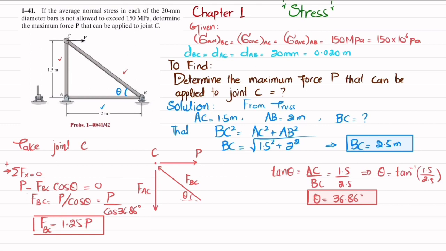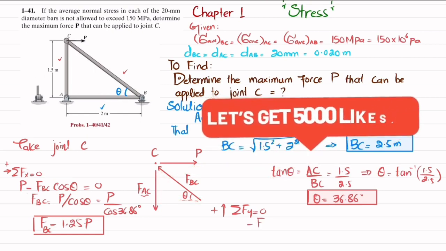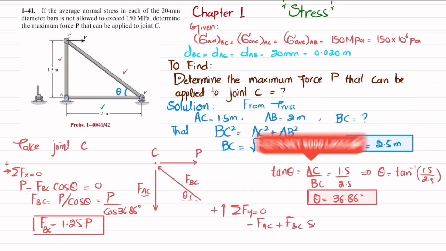Now you have this FBC. We'll find this FAC by using another equation of equilibrium, that is sum of all forces along y direction must be equal to 0, and upward force is taken as positive. So you can see one force that is acting vertically is this minus FAC because it is downward, and another one is this vertical component of FBC, which is equal to FBC sine of theta. So I will write minus FAC plus FBC into sine of theta is equal to 0. So we have to find FAC.